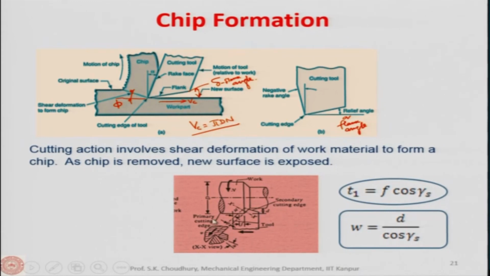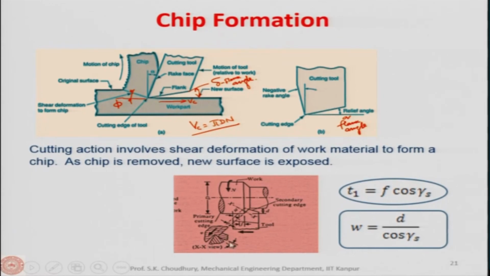Now, the primary cutting edge lead line is actually here. This is the tool, this is the workpiece, and this diagram I have already shown to you, that this is the initial diameter, this is the diameter which you have obtained, this is the depth of cut. And if we take the cross section, this will be the view.